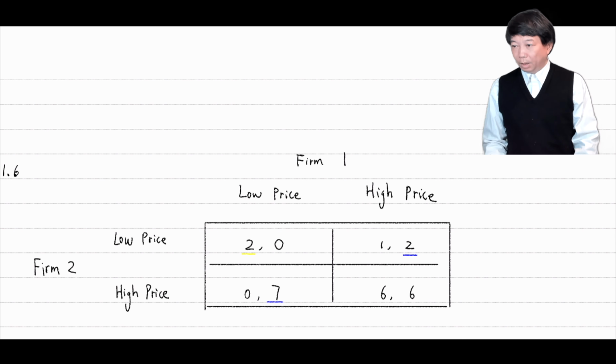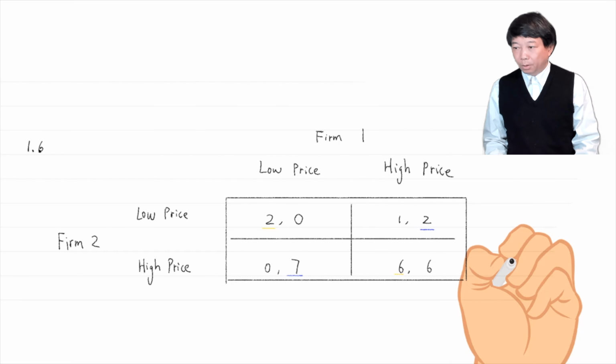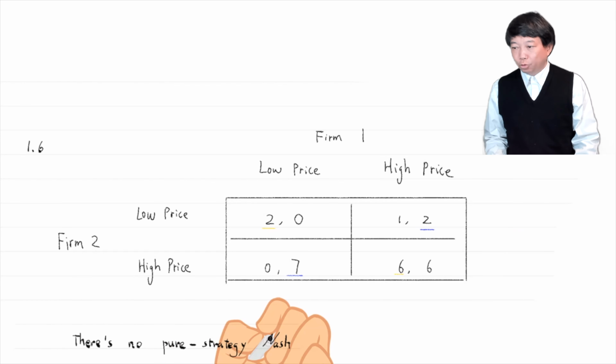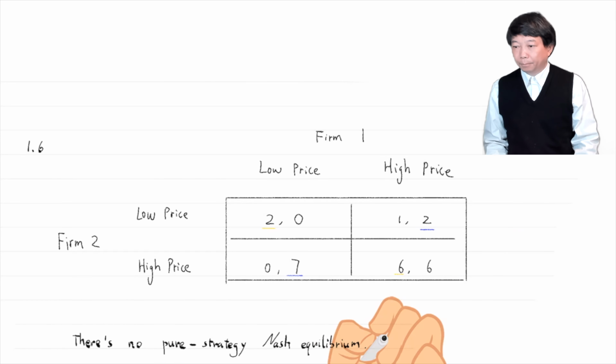Given that firm 1 uses a high price, firm 2's best response is to choose a high price because it brings a higher payoff. We underline the payoff 6. We could not find any cell with both payoffs underlined. There is no pure strategy Nash equilibrium in this game.